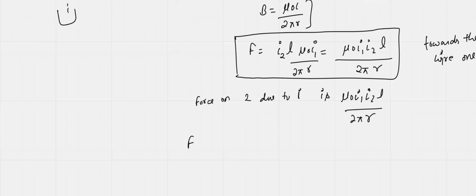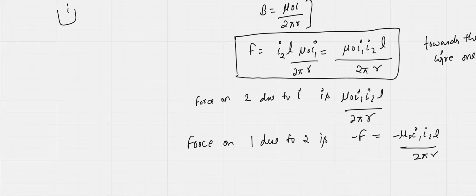So force on 1 due to 2 is the negative of F, which is nothing but minus mu naught I1 I2 L by 2 pi r. Now you will say, sir, why this? What does this negative suggest? Generally when we solve a problem, negative and positive are basically for the sign convention. So this suggests that the force on 1 due to 2 is the opposite of the force you are getting on 2 due to 1.